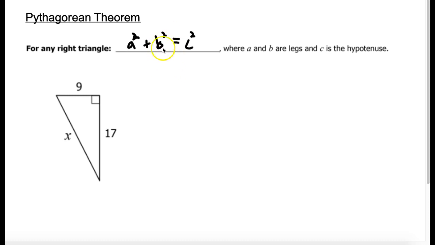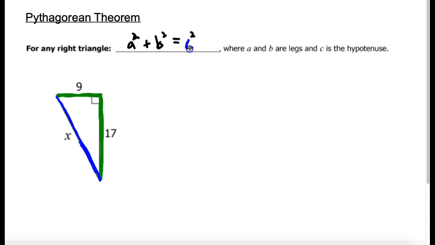What that means is the two legs are the two sides that make up the right angle. So these would be the legs in this right triangle, and then the hypotenuse, which is the side that doesn't make up the right angle, would be c.